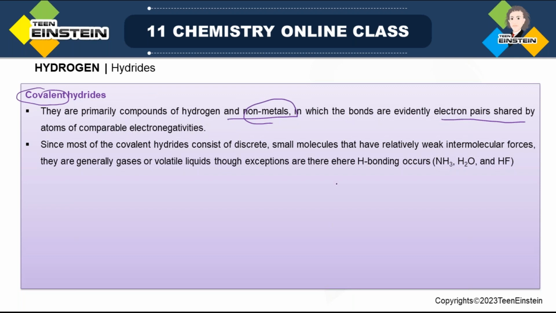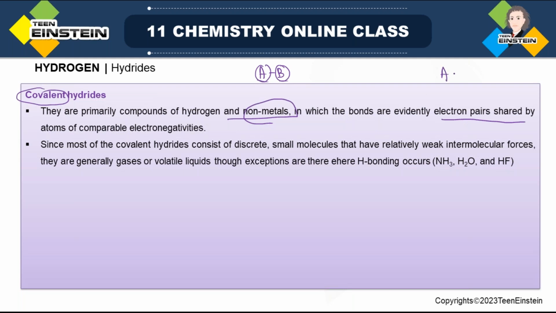comparable electronegativities. When there is an ionic bond between two atoms, we know there is high electronegativity difference between these two atoms A and B. That is why one is completely losing an electron, and another one is completely accepting an electron. The more electropositive, which has less electronegativity, will donate the electron. For example, sodium, and the other element, for example chlorine, which is highly electronegative, will accept the electron.